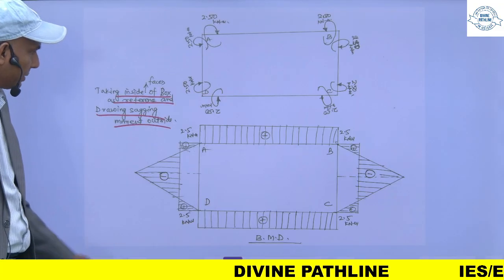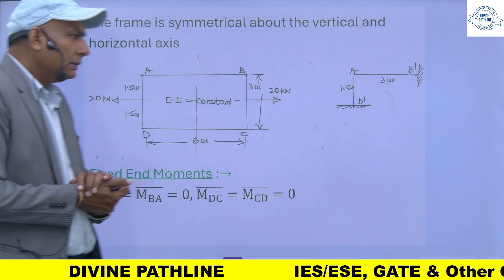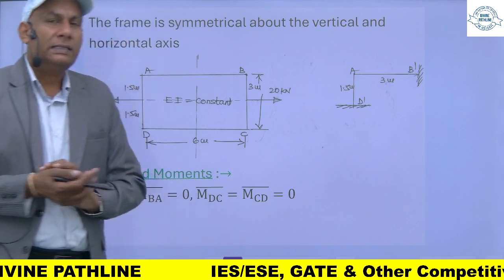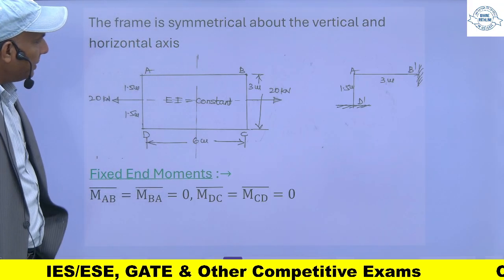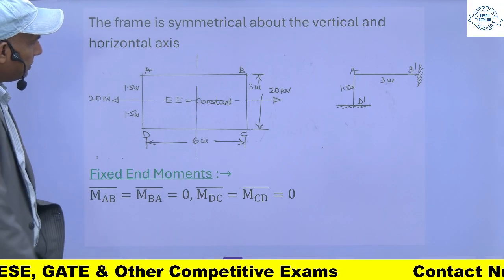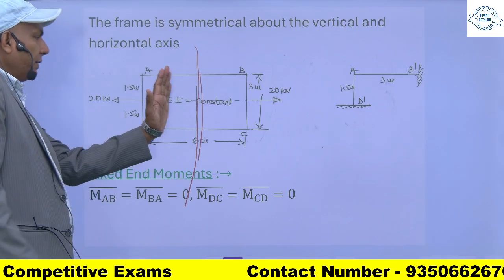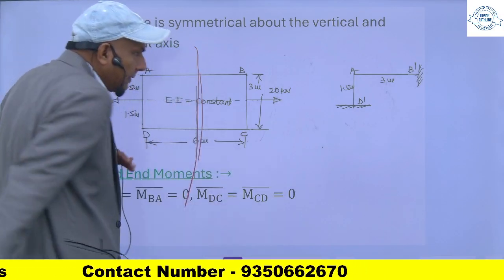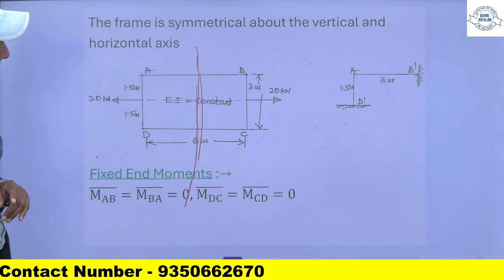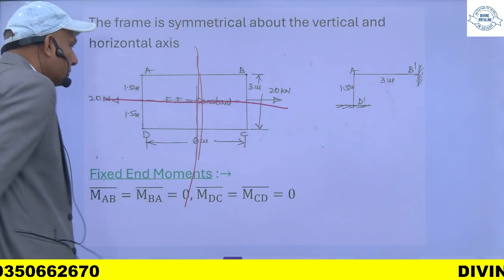Now this same question I can solve in a slightly easier way. Easier way concept means, if you see this box, you draw a line. This is symmetrical. This first half is symmetrical to the second half, and in addition this is symmetrical about the horizontal axis also.